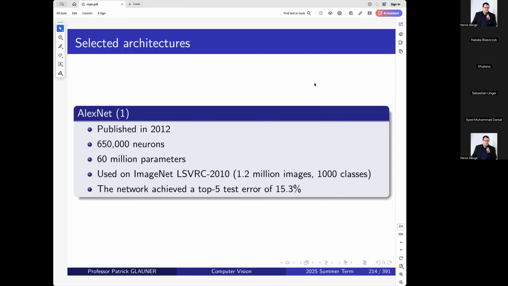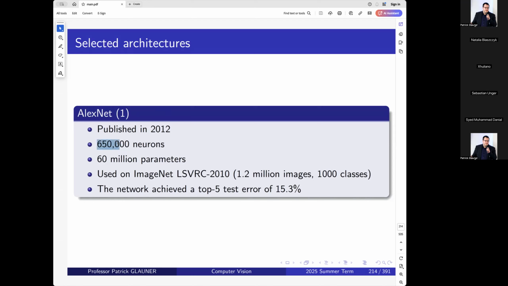And I just want to show you some best practice architectures that have historically been shared for neural networks. One of the early ones that became super popular 13 years ago is the AlexNet, which was an inspiration for a lot of people in AI.